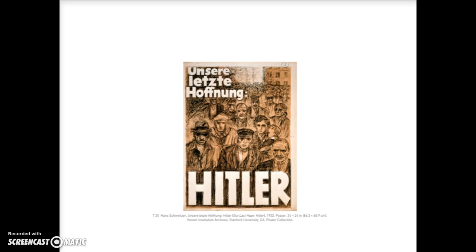We're discussing artwork around the 1930s, so it is only fitting that we mention the German Nazi art of the time. This is a poster by Hans Schweitzer called Unsere letzte Hoffnung Hitler, which means Our Last Hope, Hitler. This is from 1932.